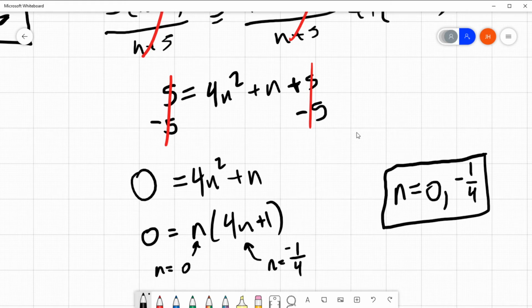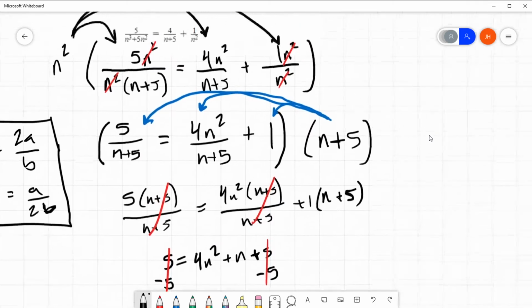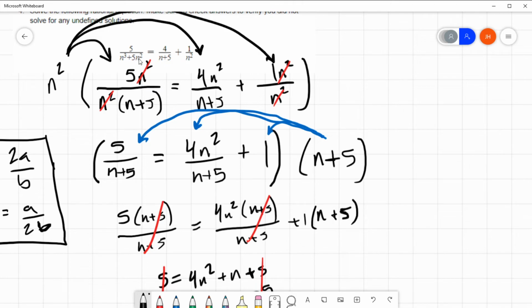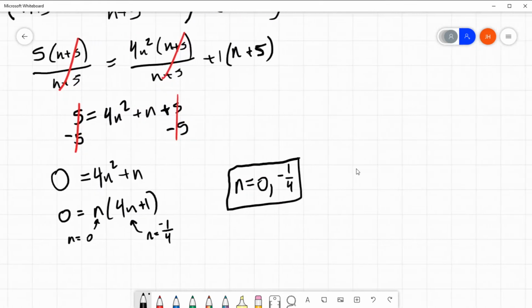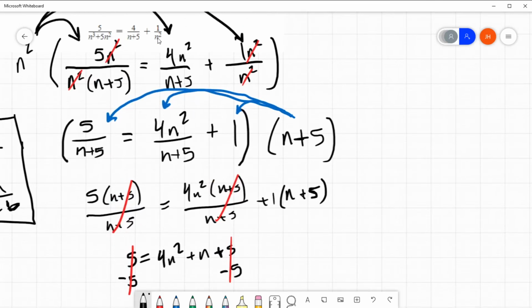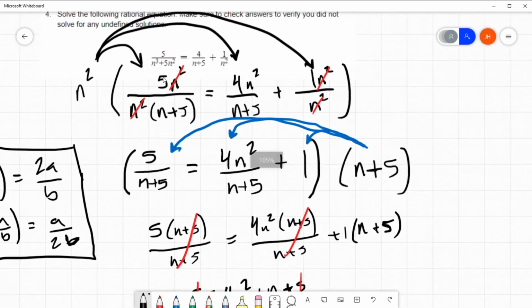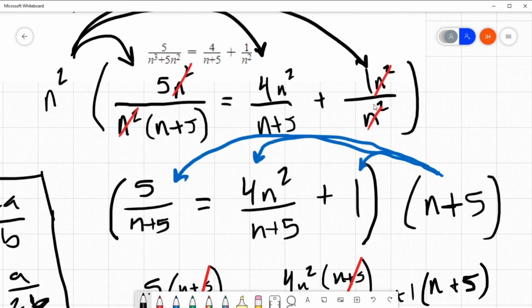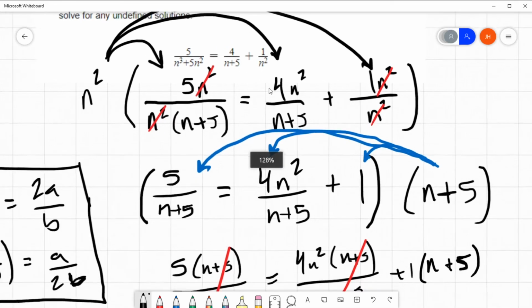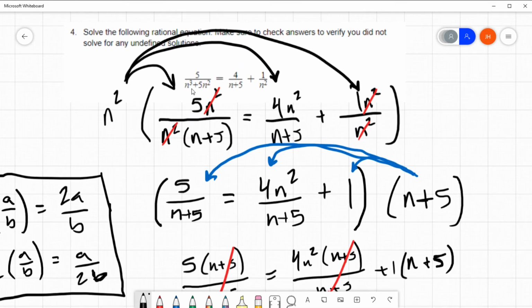Something that we should do when we're solving rational equations, because there were these denominators, is check that none of our solutions give us division by 0, right? So when we look at the original equation, when I plug 0 in for n squared, that would give us 0 in the denominator, right?